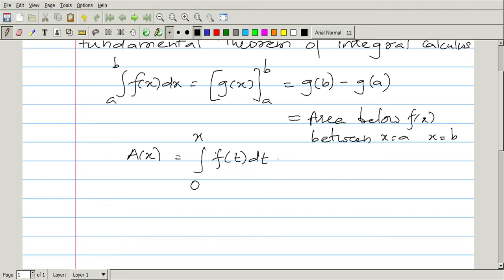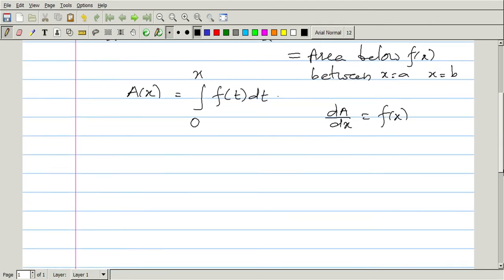Basically, all I have to prove is that the integral of f is A, so the derivative of A is f. I have to prove dA by dx is f of x. Don't be confused with the variables, they are just notations. I chose them in a proper way so that there shouldn't be any confusion.